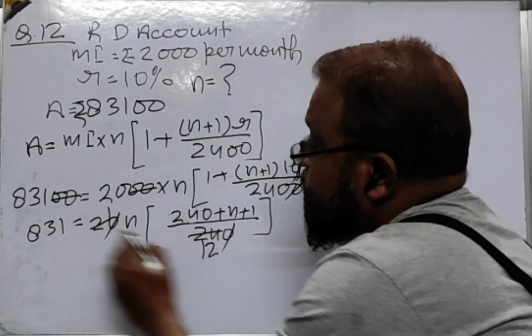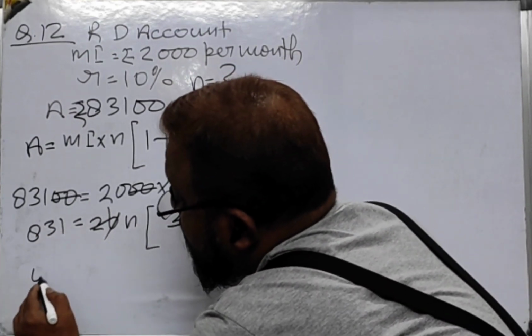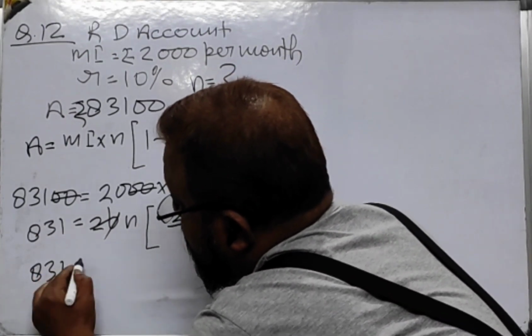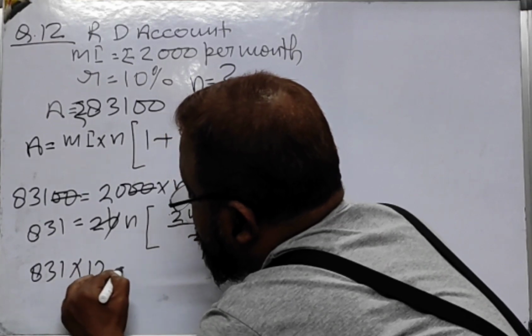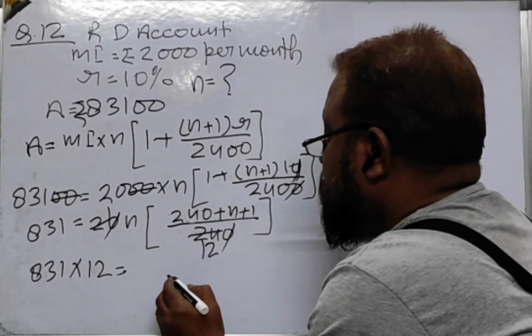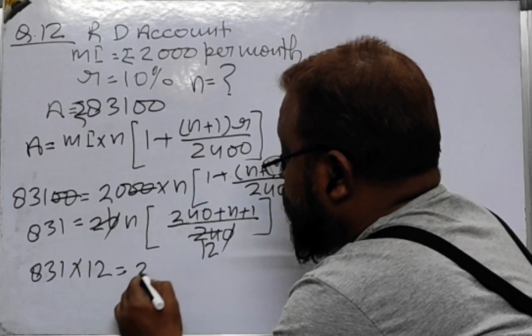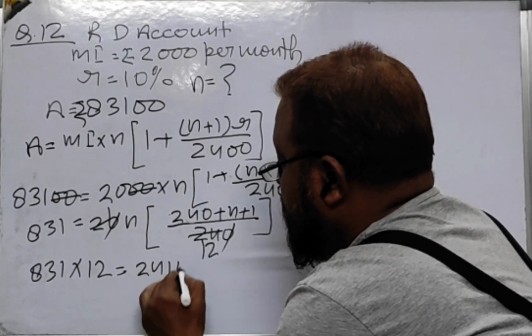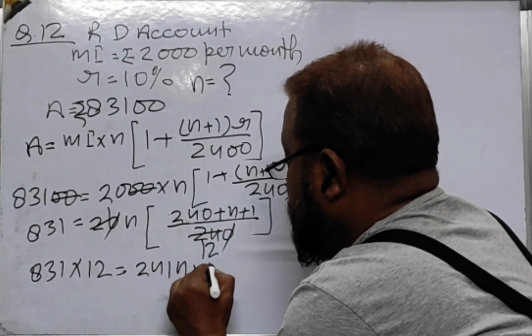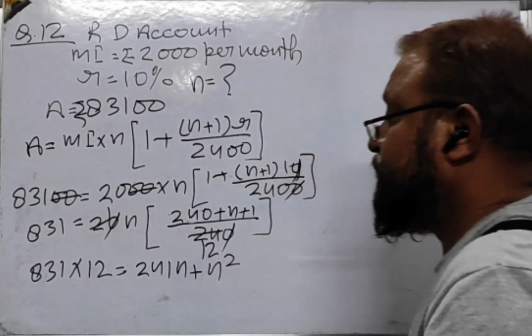Now you cross multiply this. So 831 into 12 is equal to 241n plus n square. Getting?